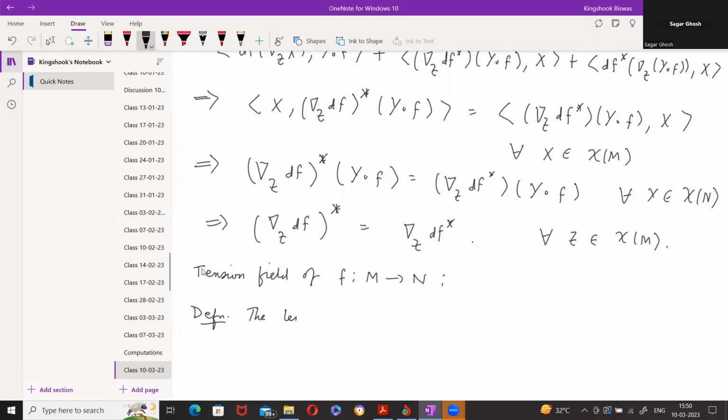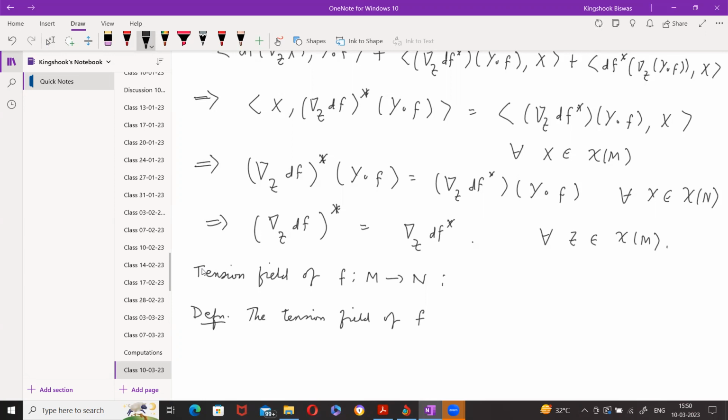The tension field of f is going to be given by taking the trace of the second fundamental form. The second fundamental form takes values in what?